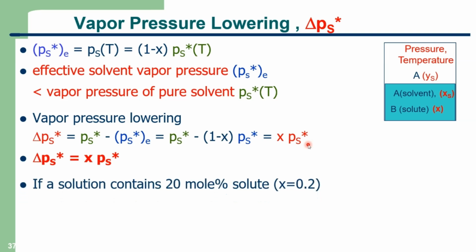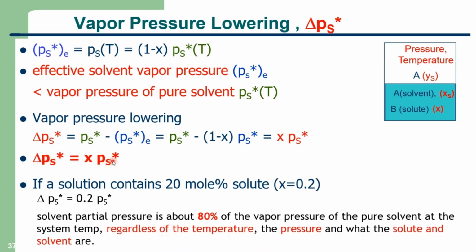So I'll give you an example. If a solution contains 20% solute, that means X equals 0.2. That means delta PS will be 0.2 PS. What does that mean? The solvent partial pressure is about 80% because you lower it by 20%, right?